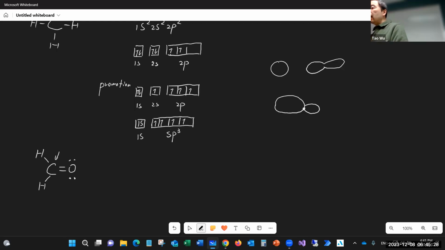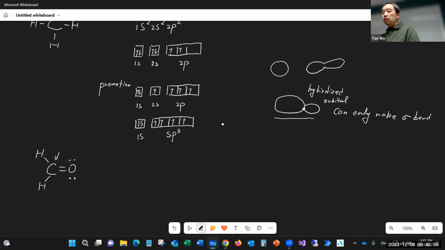And by the way, the hybridized orbital can only make sigma bonds. Hybridized orbitals can only make sigma bonds.